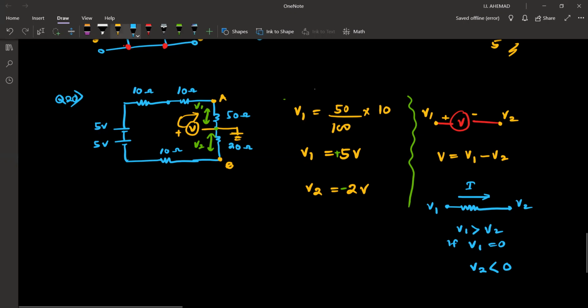I'll make a small change for this question. Then what will be the answer? Here, this point is connected to earth. This is grounded. And this is point B. Same question, okay? This is 20 ohm. But this time, the voltmeter is connected like this.